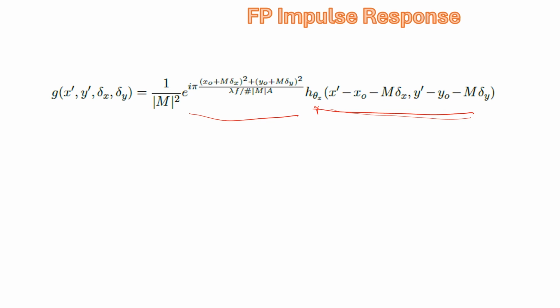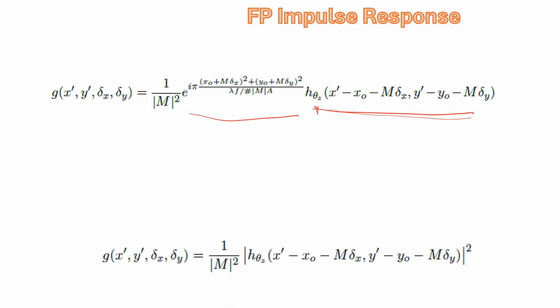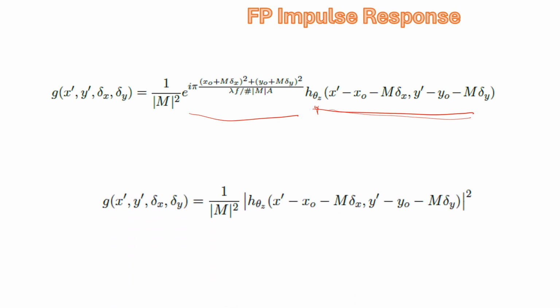For a single impulse, we just measure the magnitude squared of the impulse response when we make an irradiance measurement. So our measurement would look like this. Now this phase modulation goes away, so translating the aperture doesn't change the image for a single impulse. Of course, the position of the impulse in the measurement plane would shift, but the phase of the impulse doesn't change. So we can't really use Fourier ptychography or this shift to get any information about the phase of a single impulse or to super resolve its position.